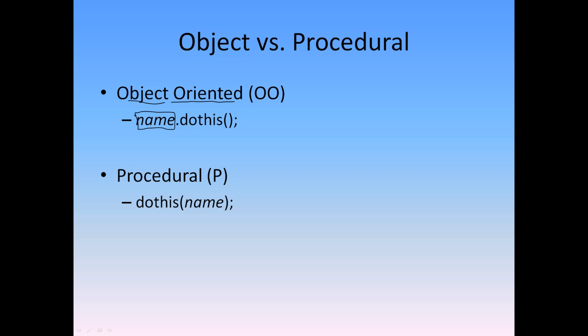And now do this is a method that adds 1 to your name. So if you were to execute this, it'd say, okay, the variable name represents 1. And now do this adds 1.